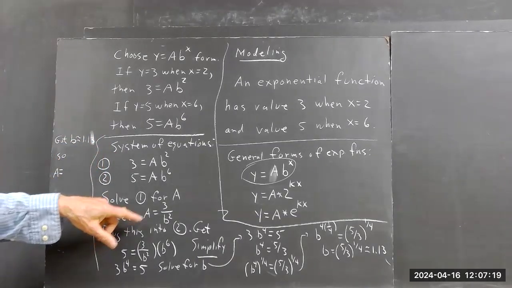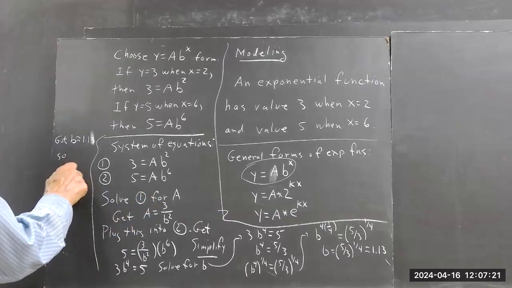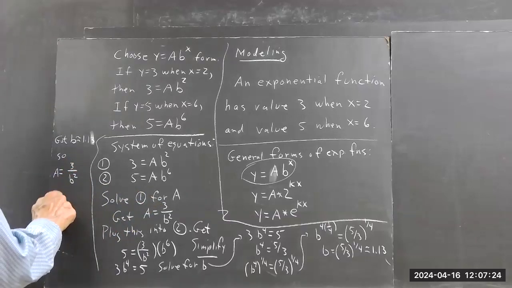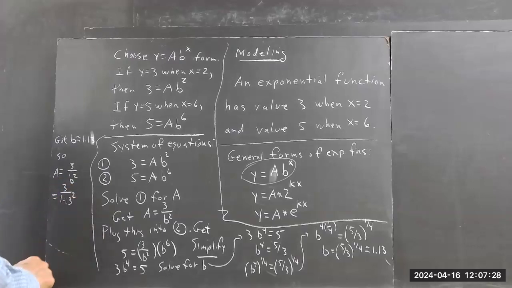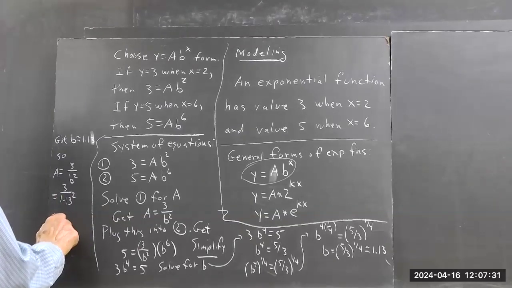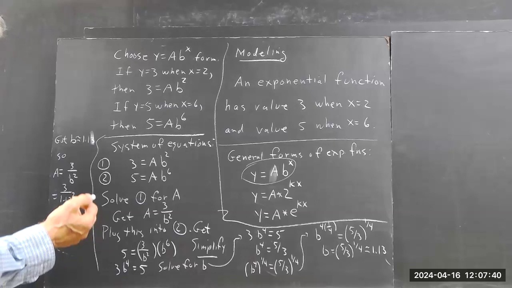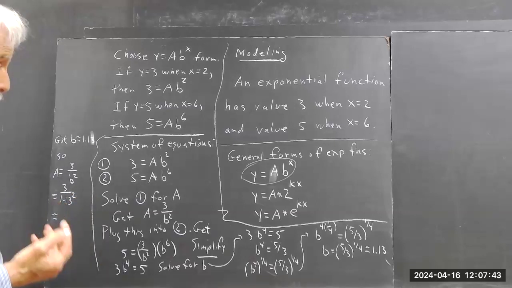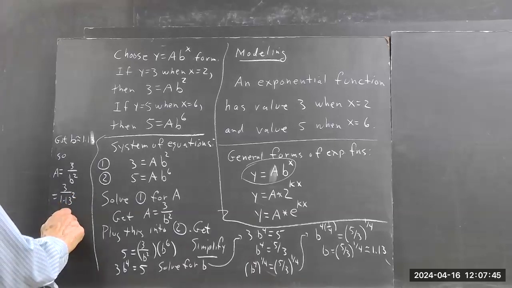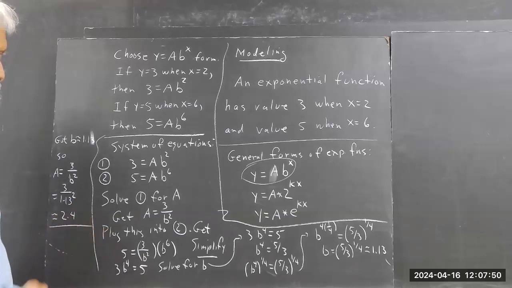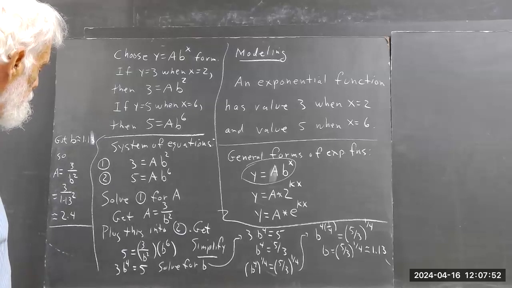Anyhow, a is 3 over b squared, which is 3 over 1.13 squared. So that should be approximately 2.4. I've always done it in my head.